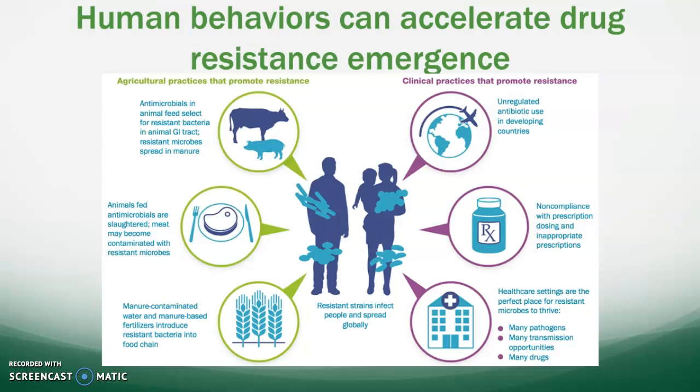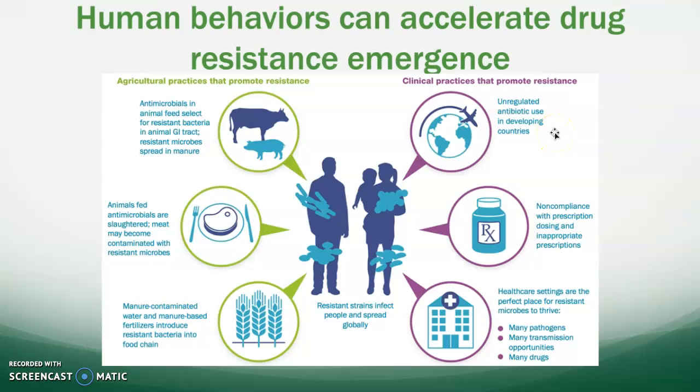So this is showing all the different human behaviors that can accelerate drug resistance. On the left-hand side are the ones that we think of as agricultural practices that promote resistance, and on the right-hand side are those clinical practices. So let's start with the clinical, because for most people, that's where we understand it the best. So throughout the world, there's many countries that actually don't regulate antibiotic use.